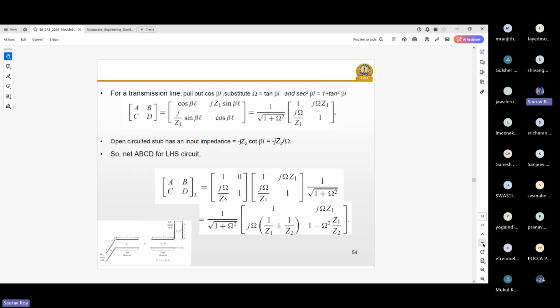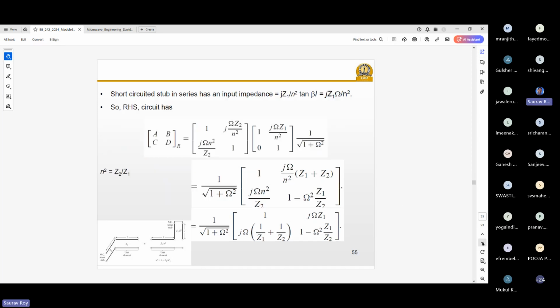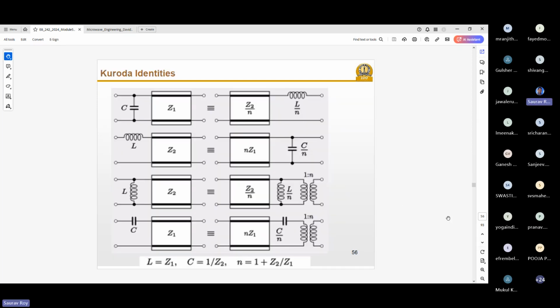The proofs of how it has been analyzed are all given in the book. You can look into it. But the interesting thing is it gives these four identities, where the capacitor in shunt can be replaced with an inductor in series and vice versa.